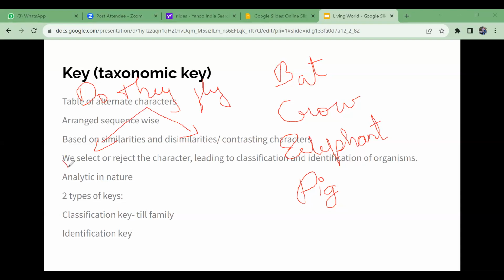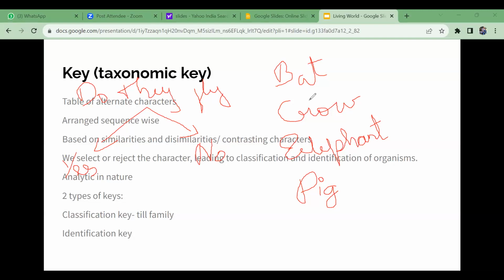One is yes and another one is no. So if I say yes, they fly, so crow and bat will come under this. No, they do not fly, the elephant or pig.